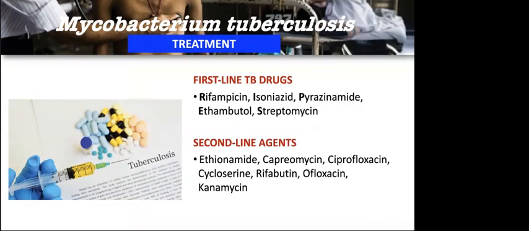Apart from that, we have second line agents, which include ethionamide, capreomycin, ciprofloxacin, cycloserine, rifabutin, ofloxacin, and even kanamycin. In cases where people react to the first line TB drugs, they can opt to use the second line agents.